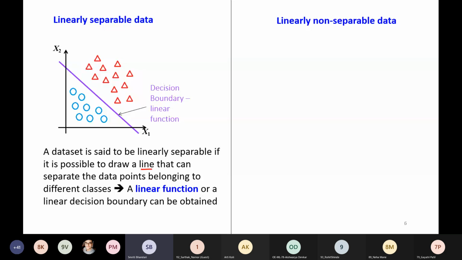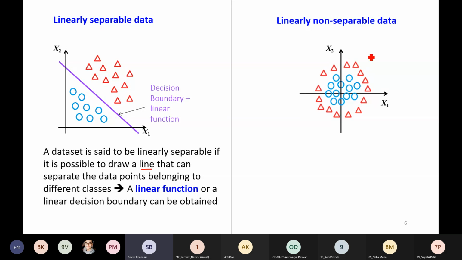Right? But if we look at this another example, see here how our data points are distributed in this two-dimensional space. Once again, every sample is being described with two features x1 and x2.